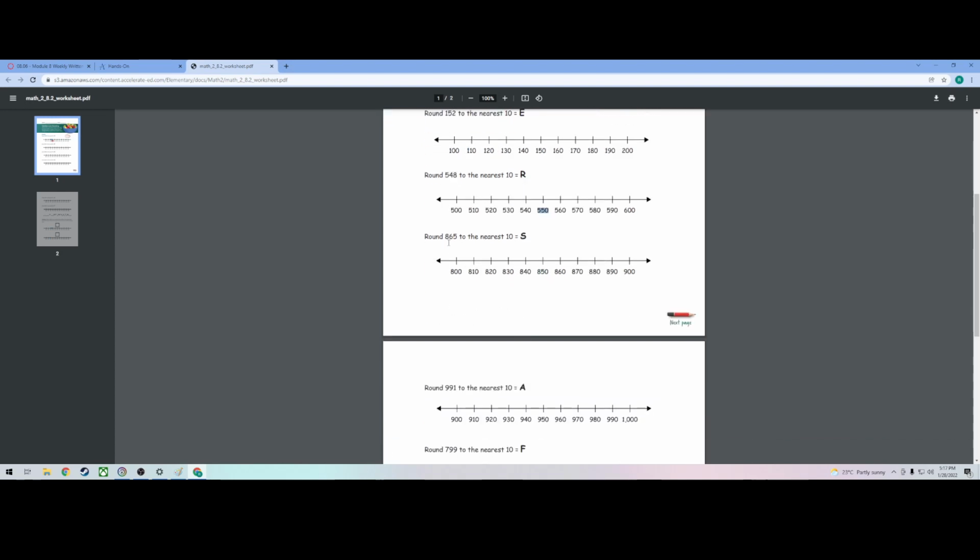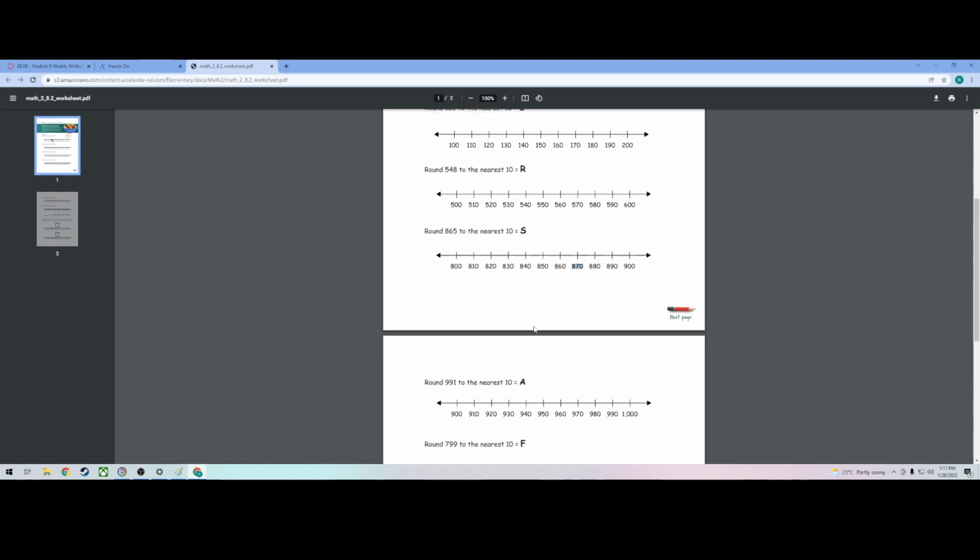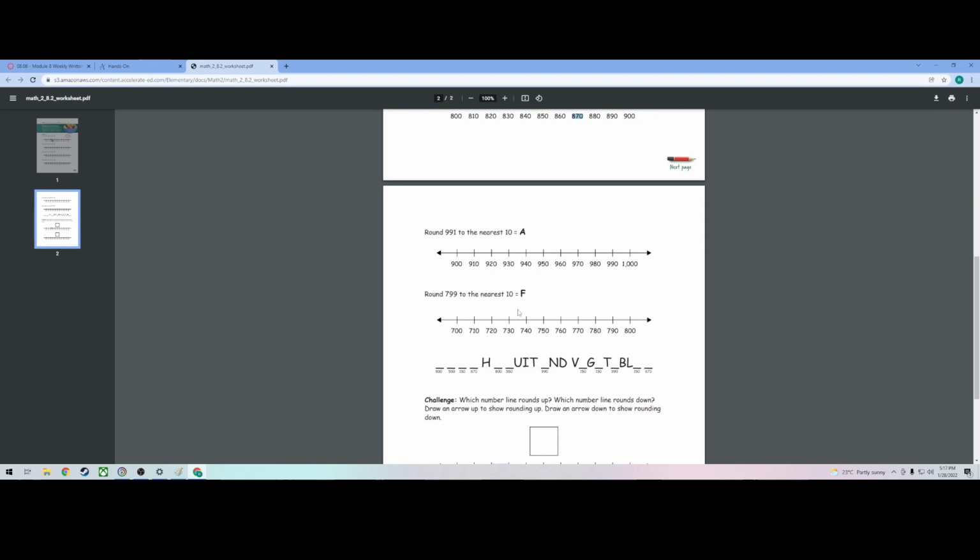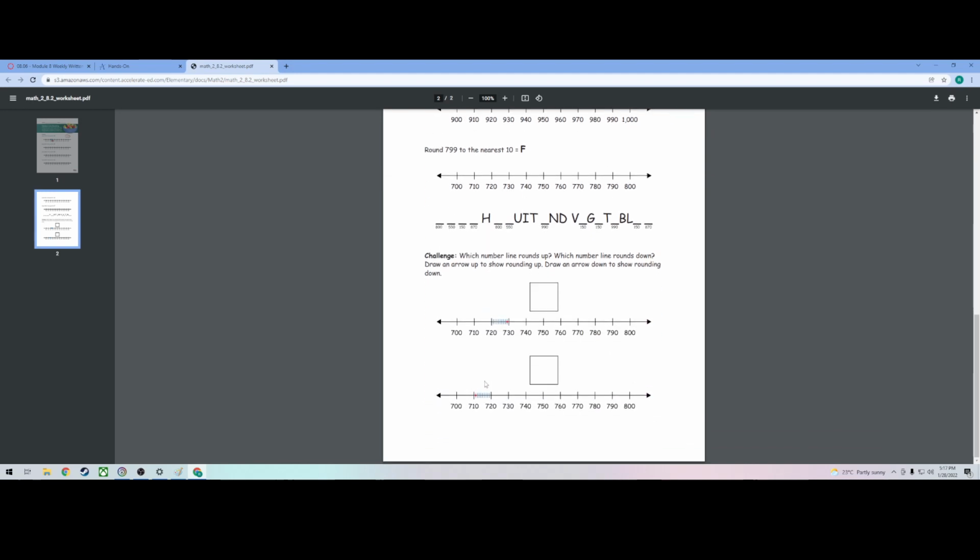Okay. 865. It's here in the middle. So since I have 5, I have to round up. It's between 860 and 870. Rounding it up means 870. And so on.